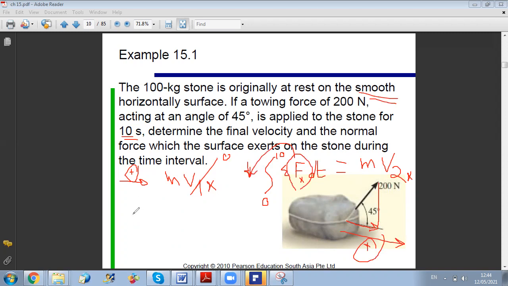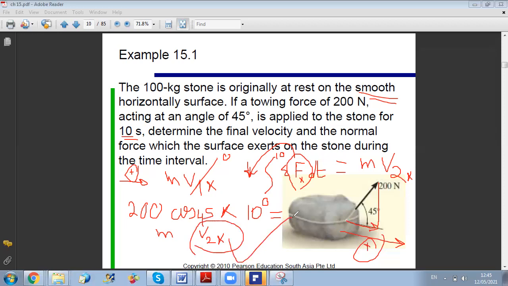So just 200 cosine 45 times delta t, where delta t is 10, equals the mass times v2x. You can see here that the only unknown is the final velocity. So you can calculate it. Okay?